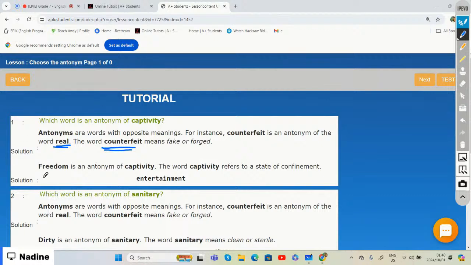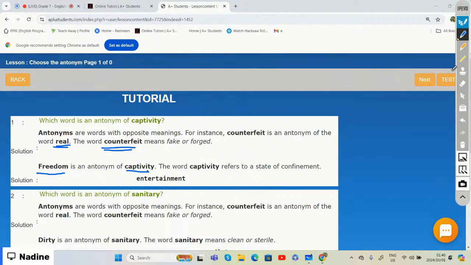The opposite of freedom is captivity. Freedom is like you are free to do whatever you want to. You can come and go as you please. Whereas captivity is like you are held captive, right? It's like some form of confinement. You can't go anywhere.